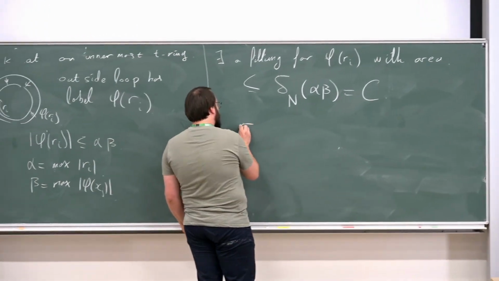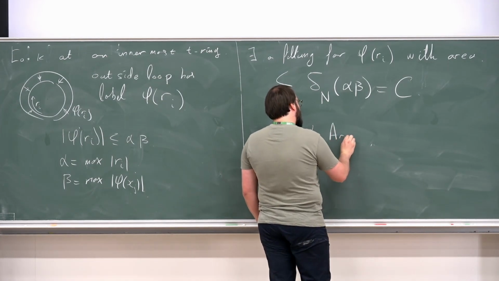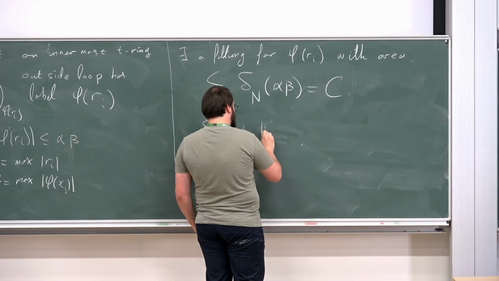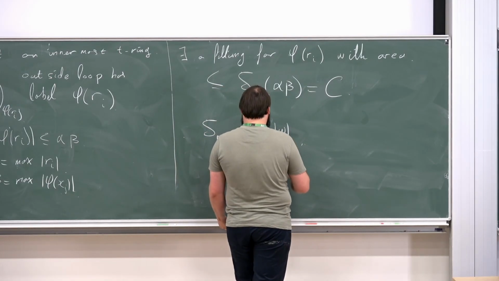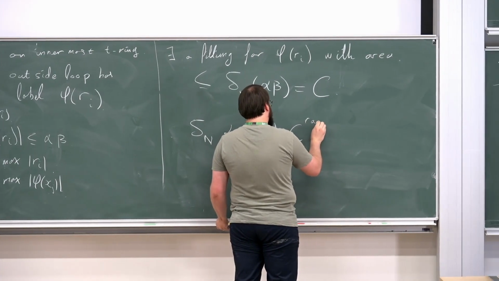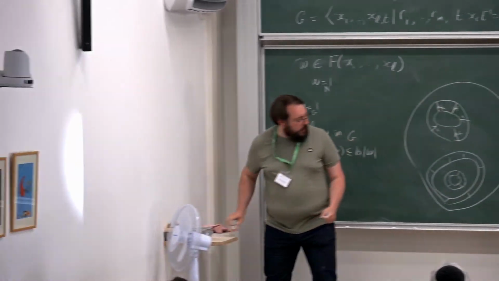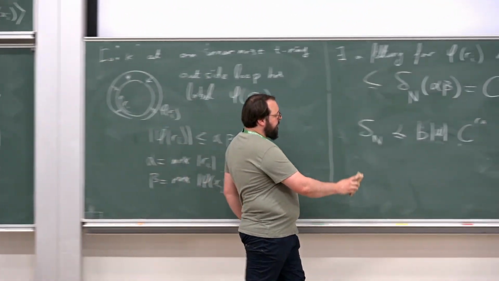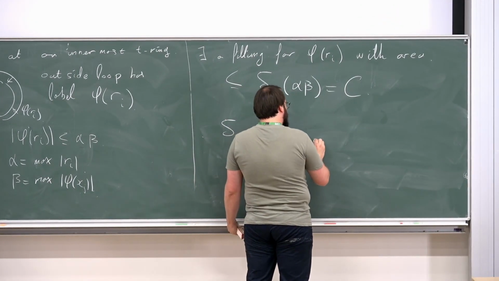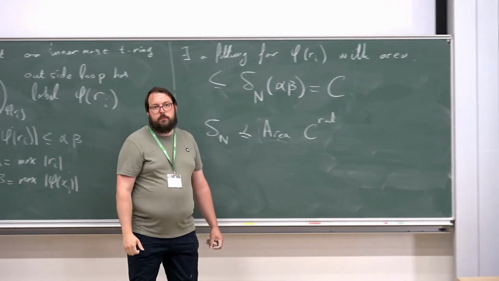And so what you end up with is the Dehn function of n is bounded by the area, which I already put down over there, some constant b that just depends on g, times c to the power of the radius of this diagram.